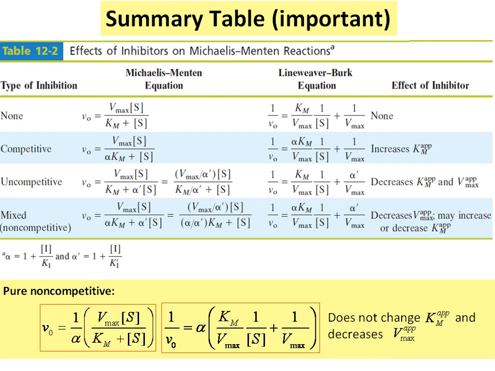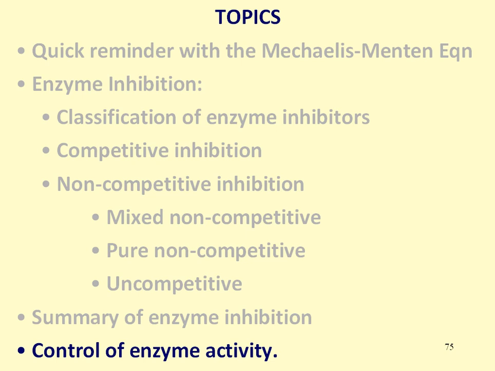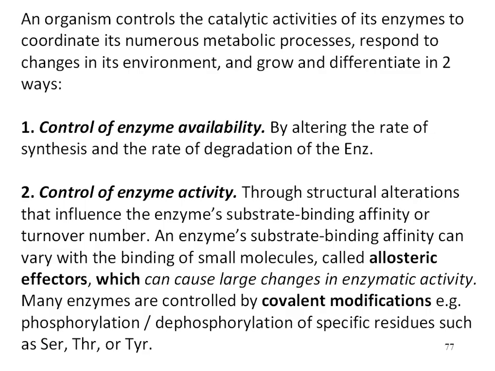So by that, I conclude that section on the types of inhibition, and we close this chapter with a very brief discussion of the control of enzyme activity. By control of enzyme activity, we mean the following.